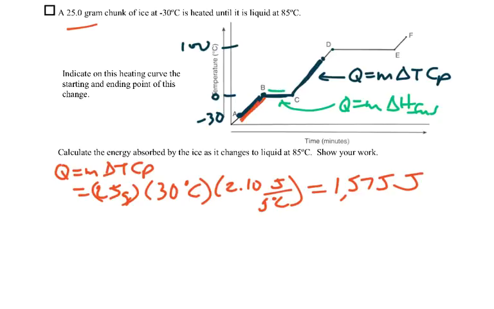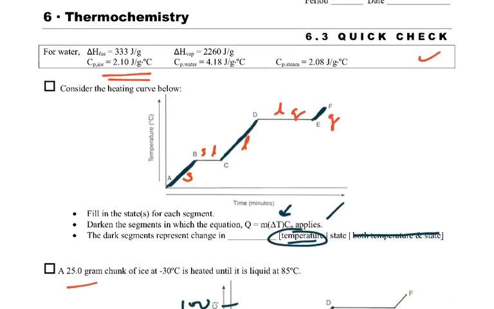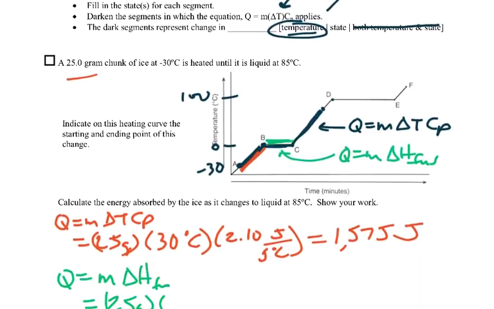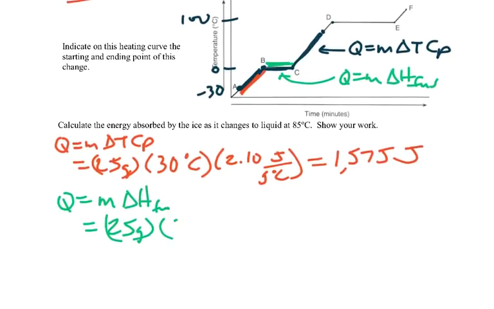Second segment, I'm going to color code it green. Then I have Q equals m delta H of fusion. That's going to be 25 grams again. But this time I have the delta H of fusion, so look back again, that's 333 joules for every gram.